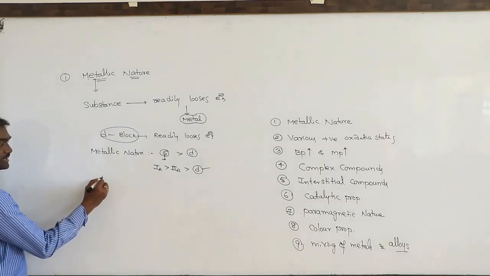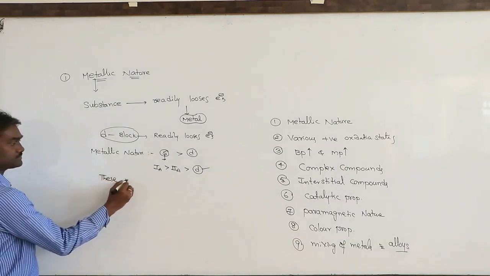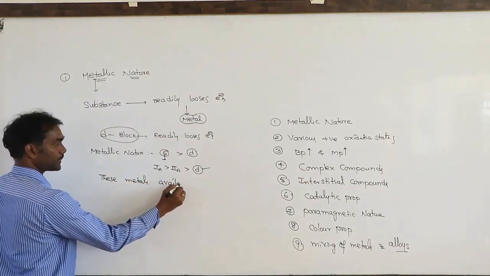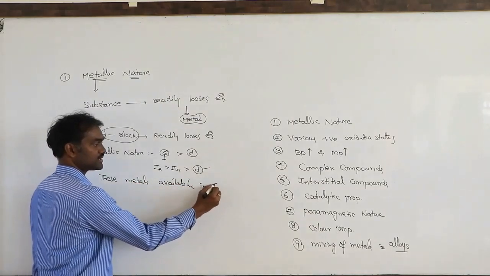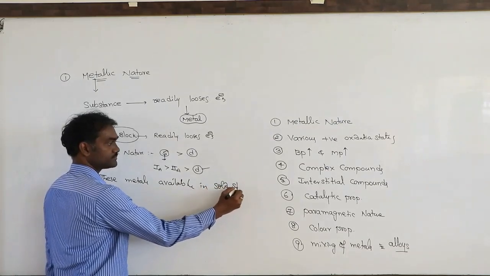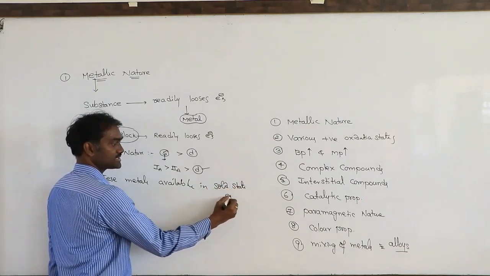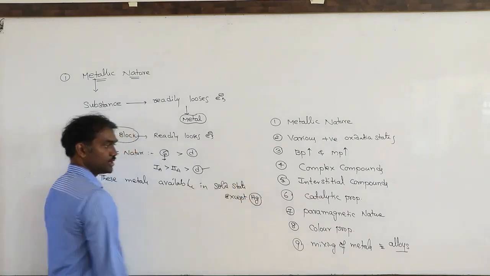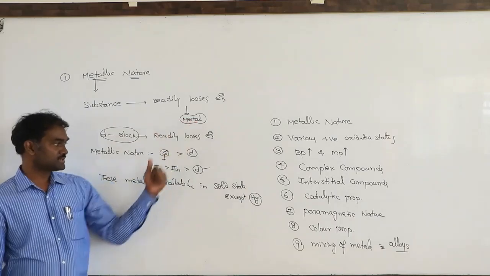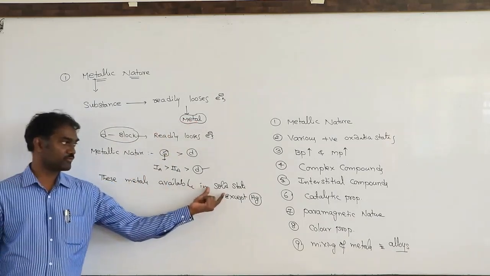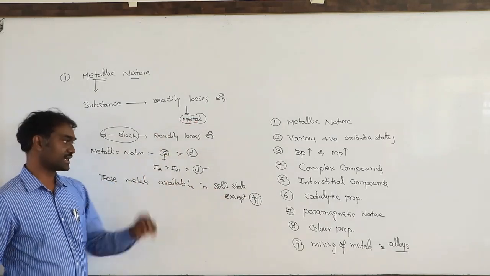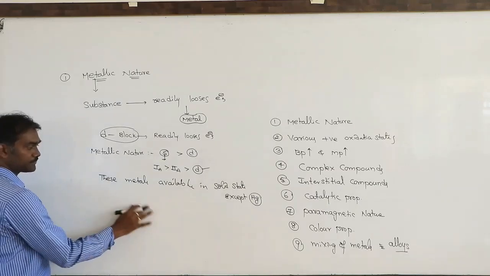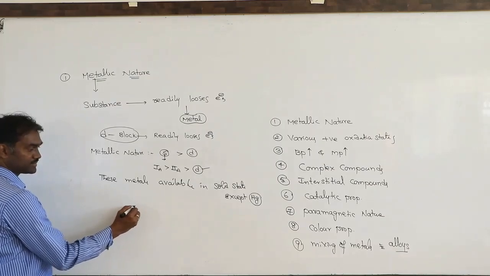See, these metals are available in solid state, except mercury. So they readily lose electrons and are available in solid form. Why do they exist in solid form? Suppose you take any metal, suppose iron.